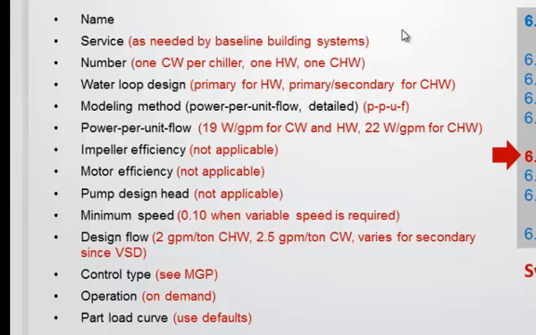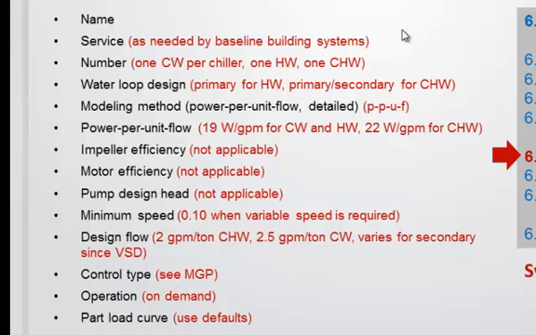The minimum speed for the pump is its minimum flow, and this applies just to variable speed drives. This is for the baseline building. This is 0.1 when variable speed is required for the secondary system.